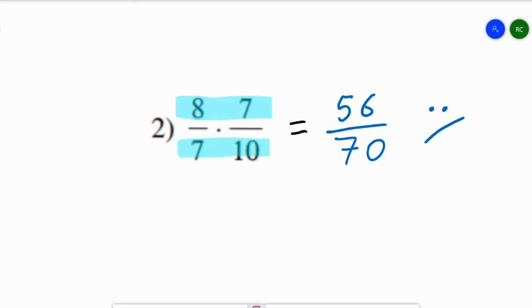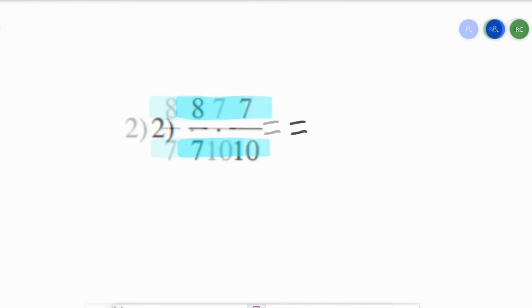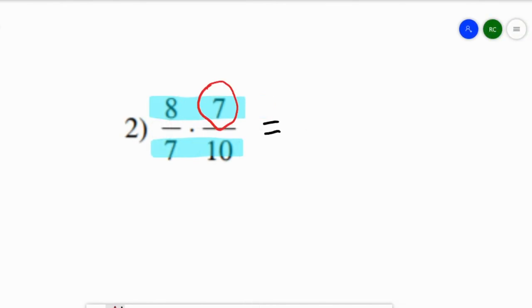So instead, what I'm going to do is, again, take advantage of the fact that I can do this multiplication and this division in whatever order I want. I notice, for example, that there is a 7 on the top of this fraction, and there's a 7 on the bottom of this other fraction. The fact that they are in two separate fractions doesn't matter because the two fractions are being multiplied.